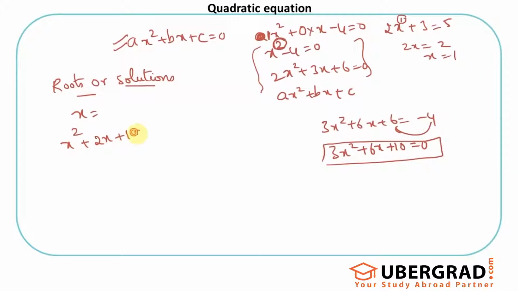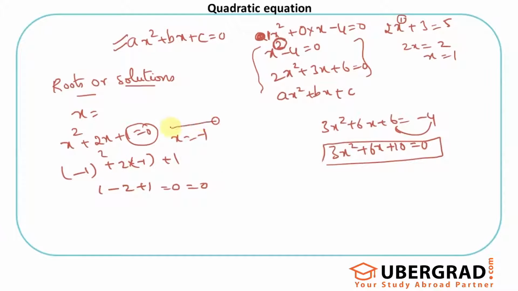This is a quadratic equation. If I put x is equal to minus 1: minus 1 square plus 2 into minus 1 plus 1. What is this? 1 minus 2 plus 1. So 1 plus 1 is 2, minus 2 is 0, which is what the right hand side is saying, right? So LHS is RHS, so that's why I'm saying x is minus 1 is satisfying this equation x square plus 2x plus 1 equals 0.